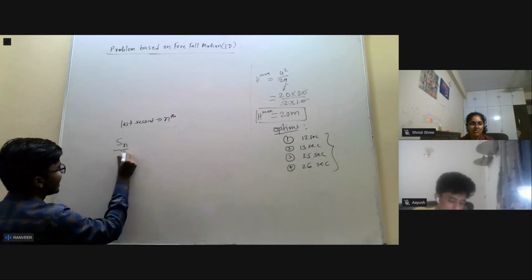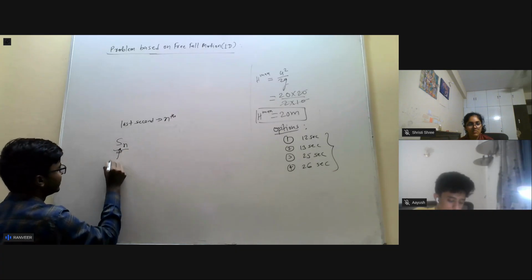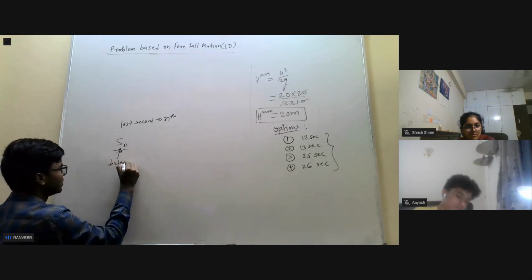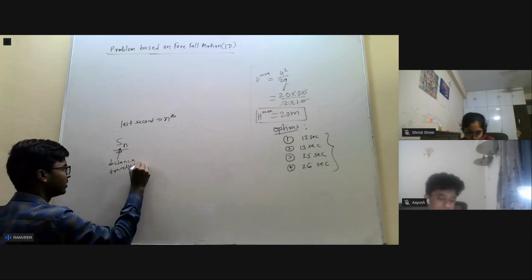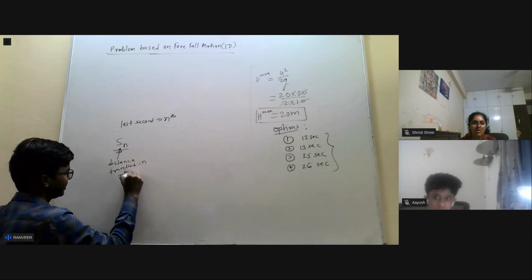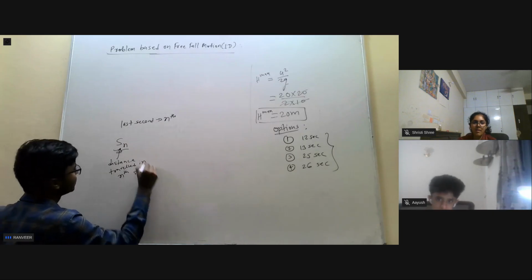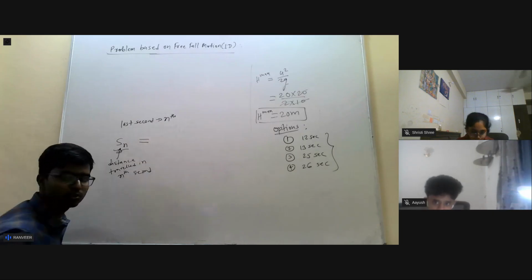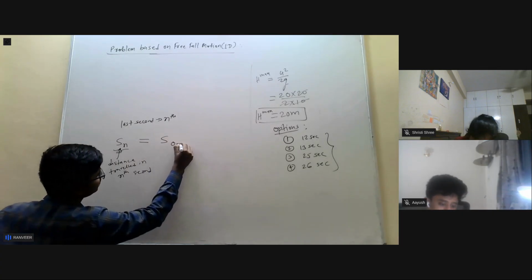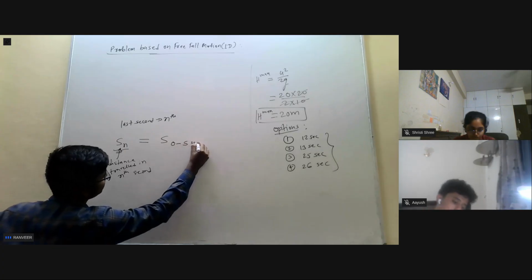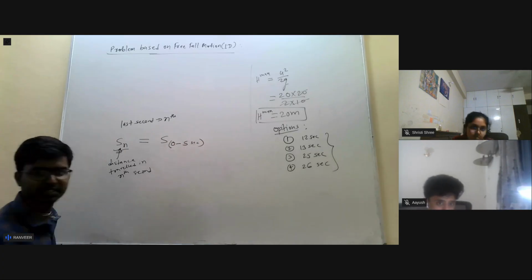So the distance traveled in nth second is equal to the distance traveled from 0 to 5. Correct?